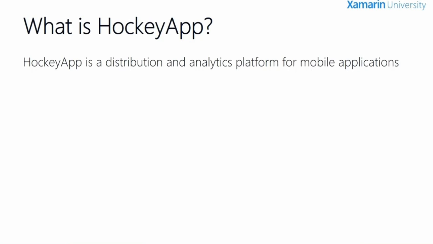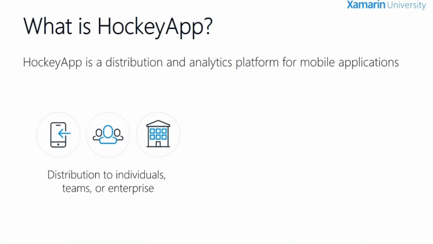But let's start off by talking at a high level of what HockeyApp is, and then we'll get into integrating it into our application. Essentially, HockeyApp brings mobile DevOps to your app with beta distribution, crash reporting, user metrics, feedback, and a powerful workflow integration. First of all, HockeyApp has powerful distribution capabilities that allow you to upload applications to the portal, and then testers can go and download and install your applications.